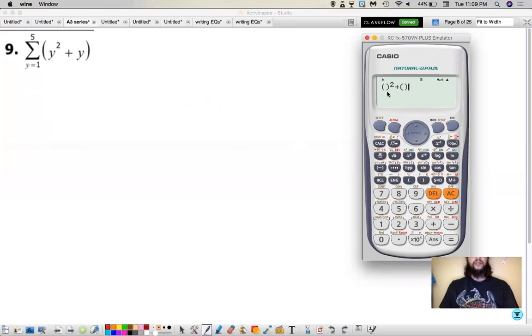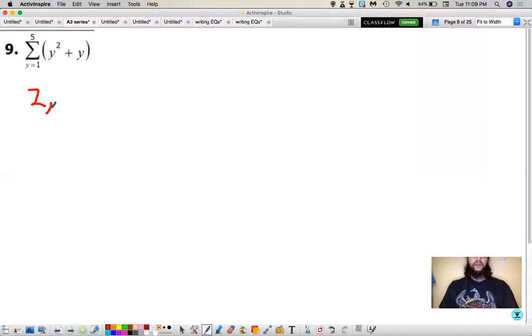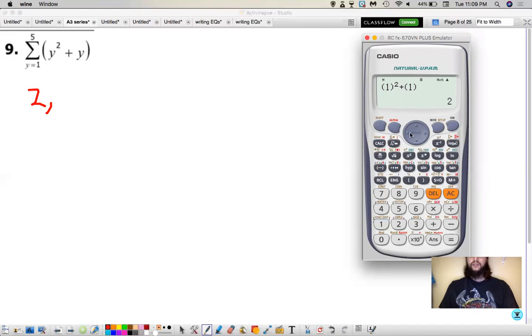Here's my formula, basically. I'm squaring something, and I'm adding that same thing to it. So I'm going to start at 1. Which, yeah, I could do that in my head as 2. Then I'm going to change those 1s to 2s. Gives me 6.